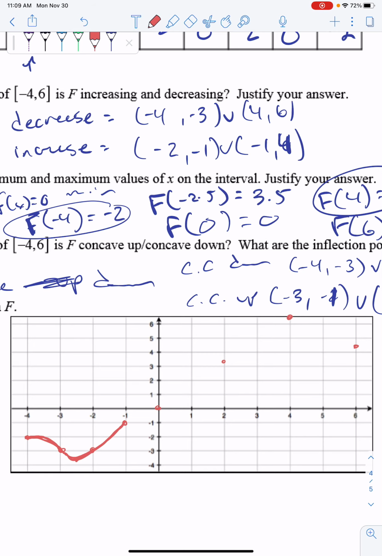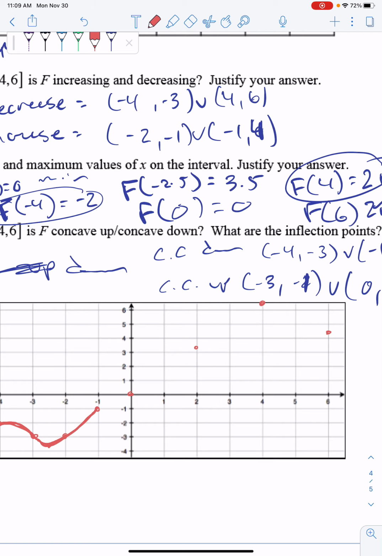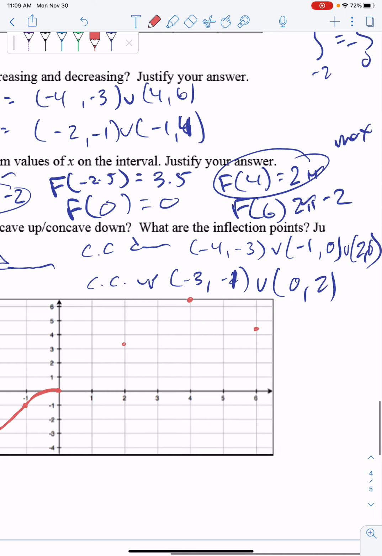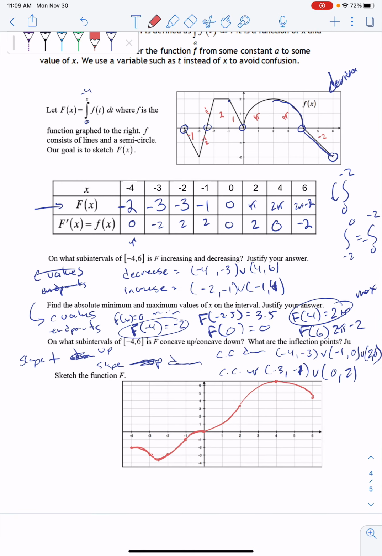Then from -1 to 0, I'm concave down again. And then from 0 to 2, I'm concave back up. And then I'm concave back down. So that is what our function looks like-ish, as best as we can with a crazy function like what we had.